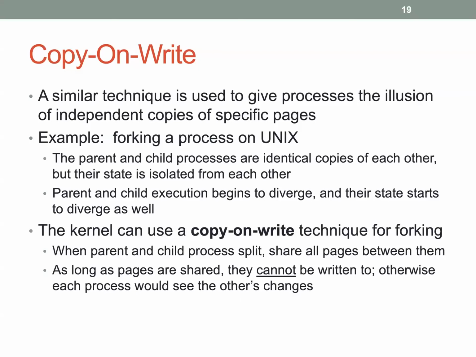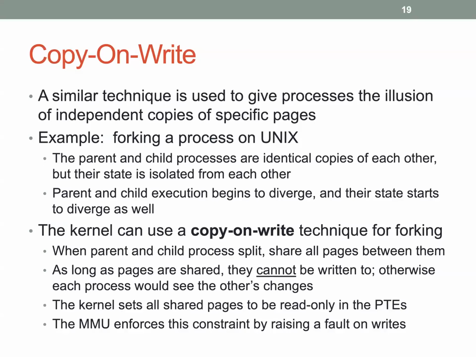So what copy on write allows the kernel to do is to share the pages between the two processes. Now, of course, if they're shared, then that means when one process writes to a shared page frame, the other process is going to see the mutation. So they're not isolated anymore. So we have to be a little bit more clever than that. And so as I say on the slide, if the pages are shared, they can't be written to because we would have violated isolation.